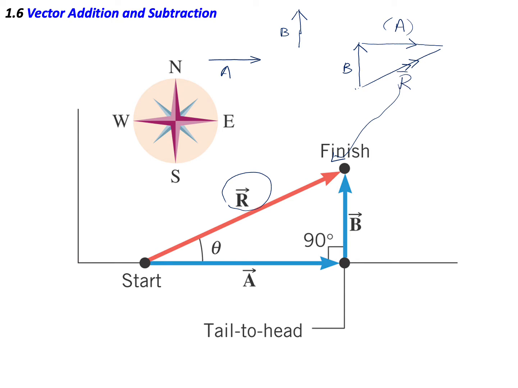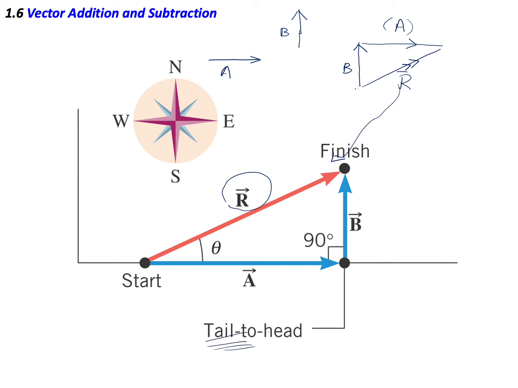Tail to head, tail to head. So you have to follow the same combination. Take the tail of the first vector to the head of the first vector, and then bring the tail of the second vector to the head of the first vector. If you have two vectors or any number of vectors, it can be 4 or 5, you keep adding one vector to the other, following tail to head, tail to head.